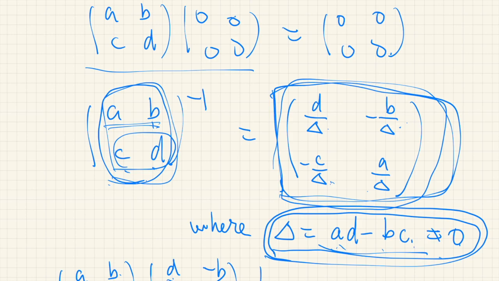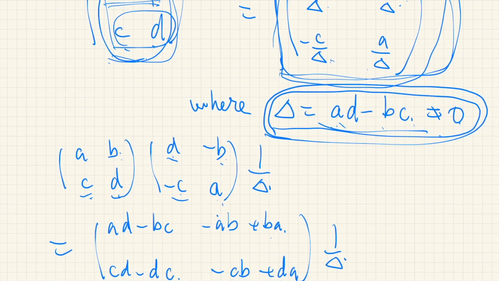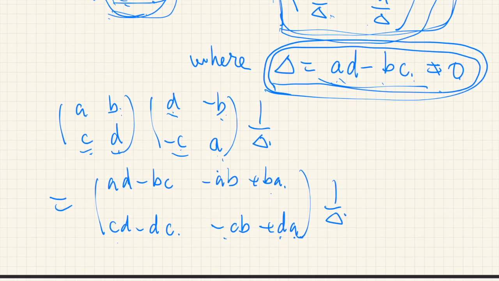So that's a great difference from ordinary numbers, right? In the case of real numbers, as long as the number is non-zero, we can always find its multiplicative inverse. But that's not the case for matrices. Even if a matrix is not a zero matrix, its multiplicative inverse may not exist. We give a name to this mysterious quantity.